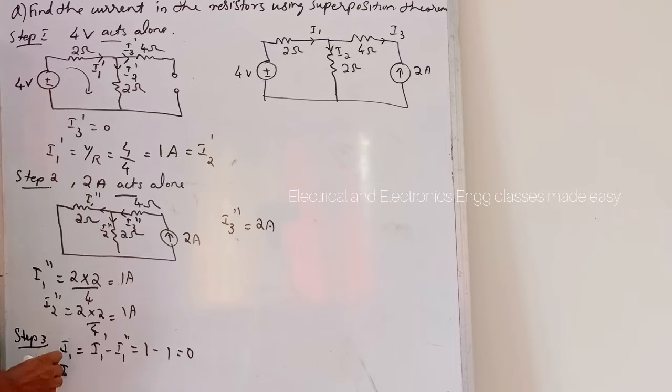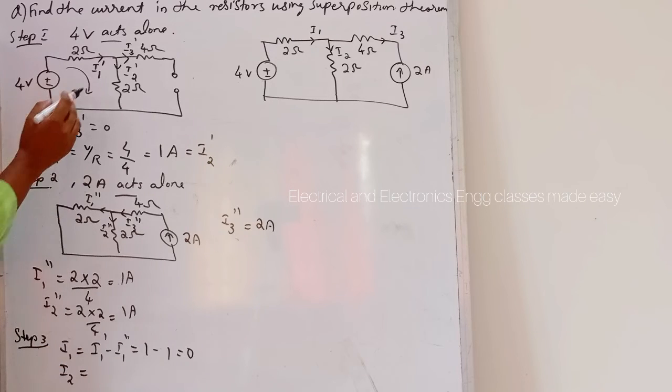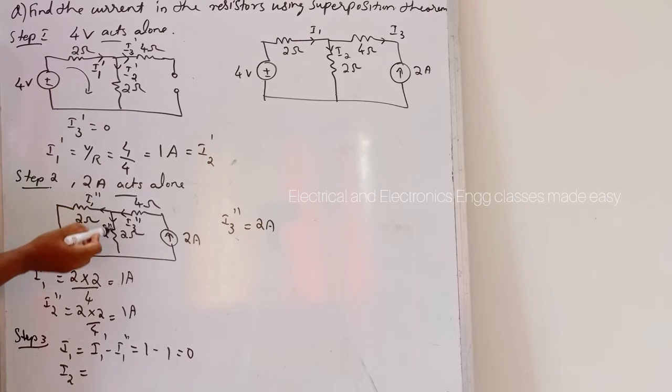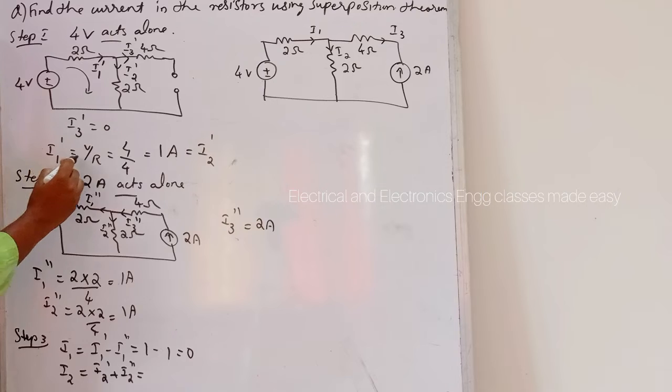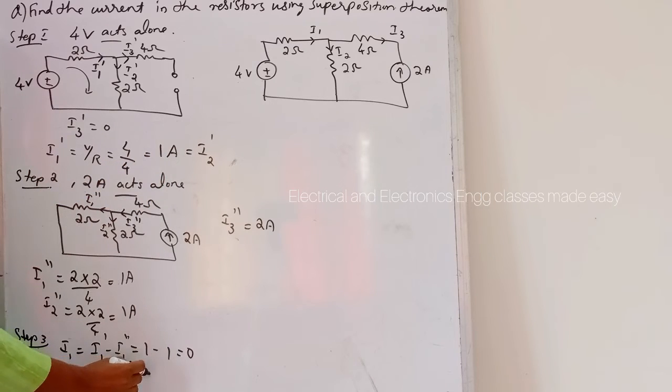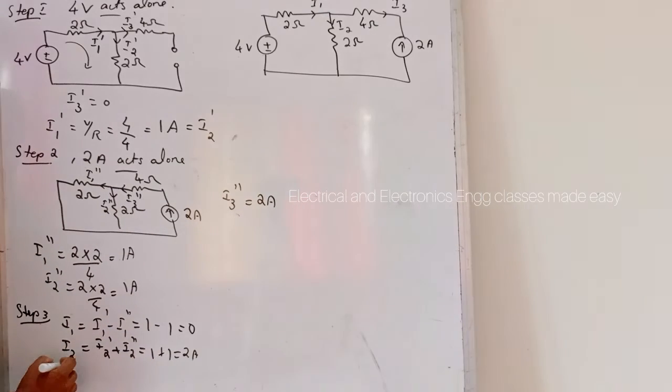Then I2 is equal to I2 dash in this direction, I2 double dash same direction. So I2 dash plus I2 double dash equal to, I2 dash is 1 ampere, I2 double dash is 1 ampere. So equal to 2 ampere. Next is I3.